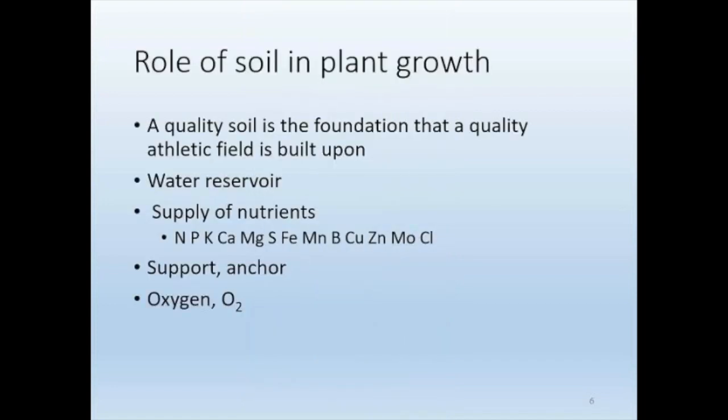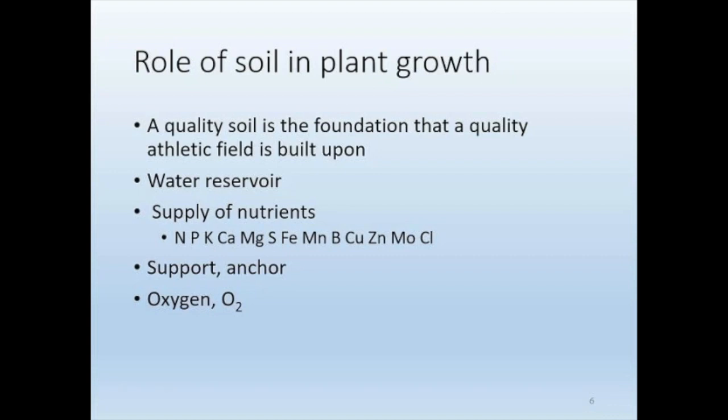But I wanted to just talk about what's the role of soil in plant growth. A quality soil is going to be the foundation on which our athletic field is built. Our soil is our reservoir for water. If soil did not hold water, it would be very difficult for our plants to grow. So it's got void space to hold water. It's our supply of nutrients.